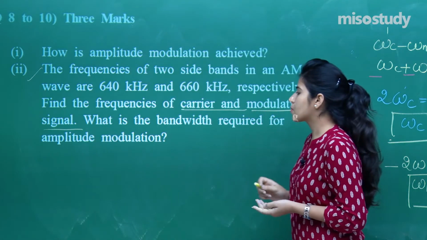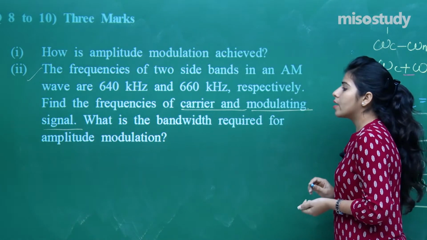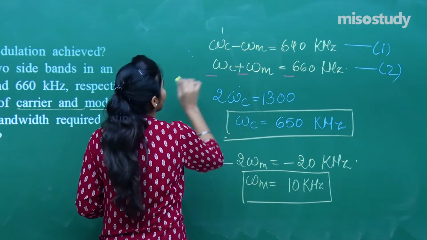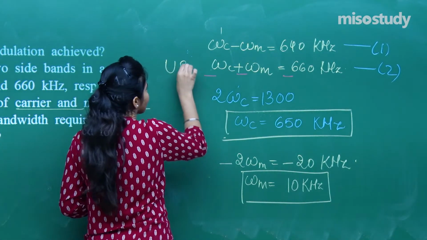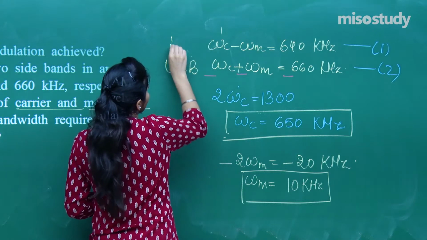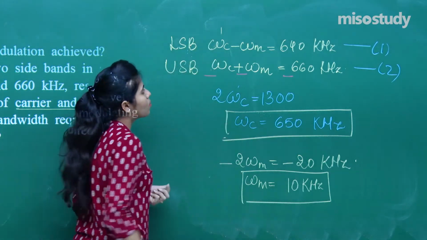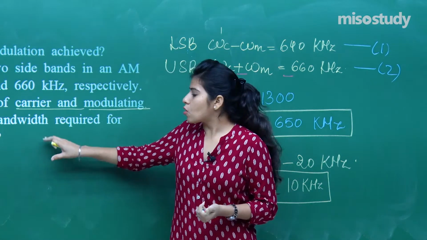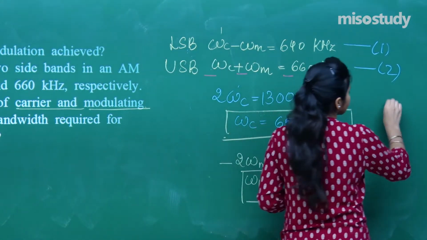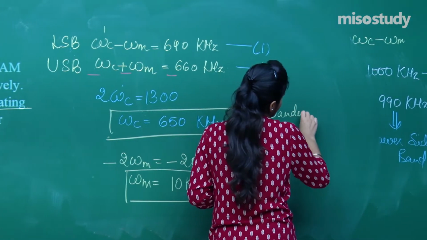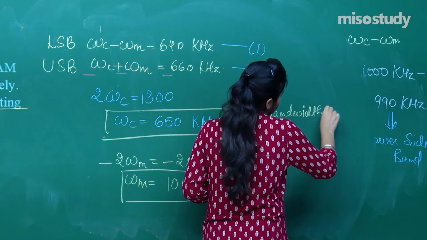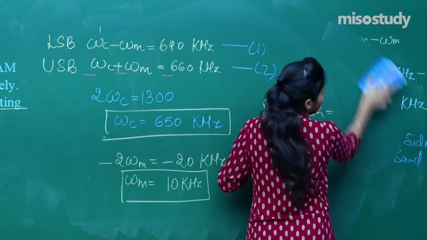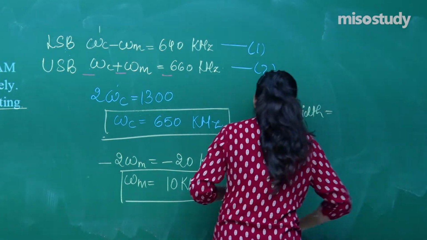Now what is the bandwidth required for amplitude modulation? See, this we have said as upper sideband. This we told as lower sideband, omega c minus omega m. If they are talking about the bandwidth, bandwidth can be found out as upper sideband minus lower sideband.